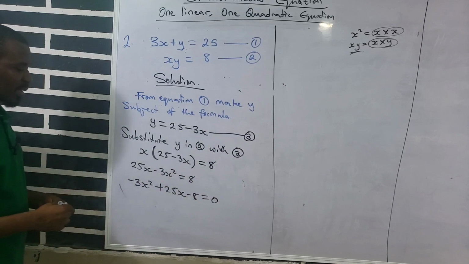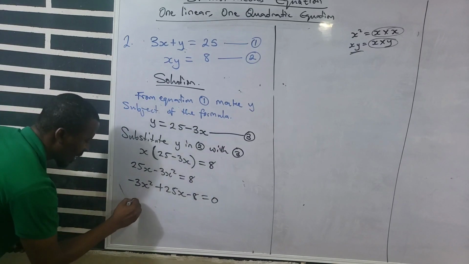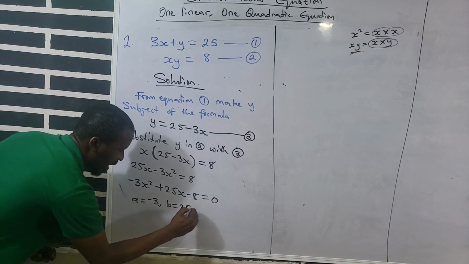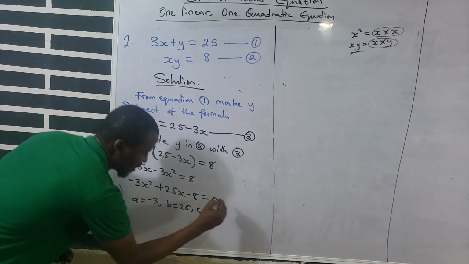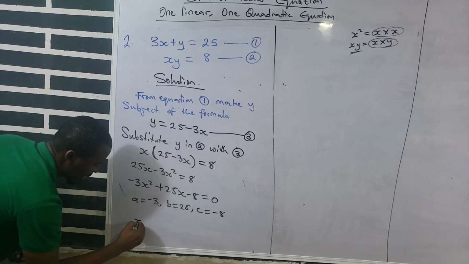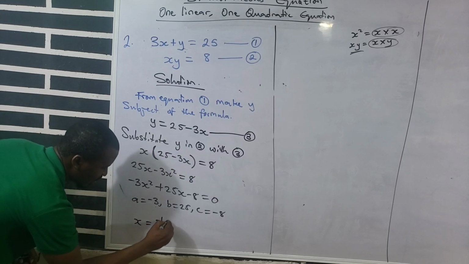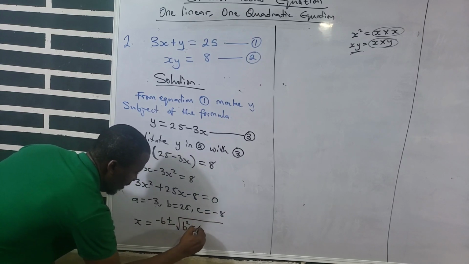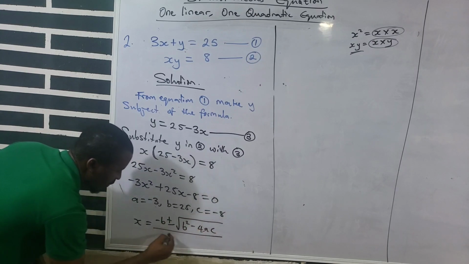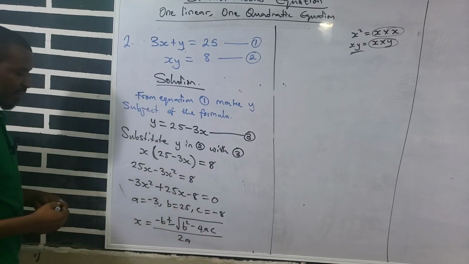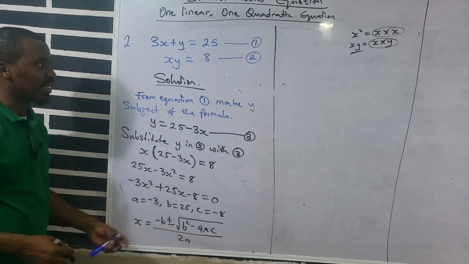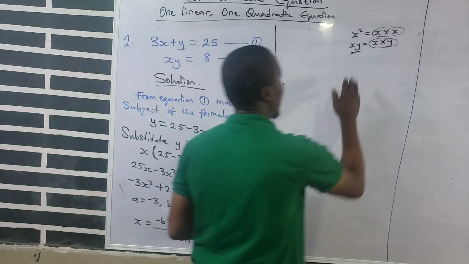So we are going to use our formula method. a equals minus 3, b equals 25, and c equals minus 8. And our formula is that x equals minus b plus or minus the square root of b squared minus 4ac, over 2a. So this is our formula. We are going to put all these values inside this formula. So let's work that out here.